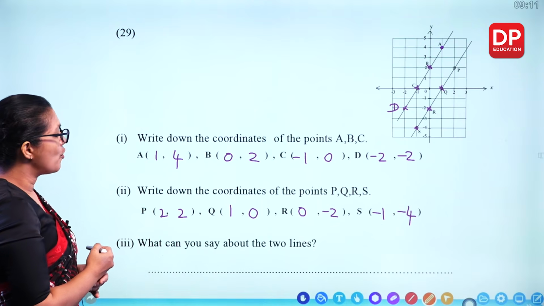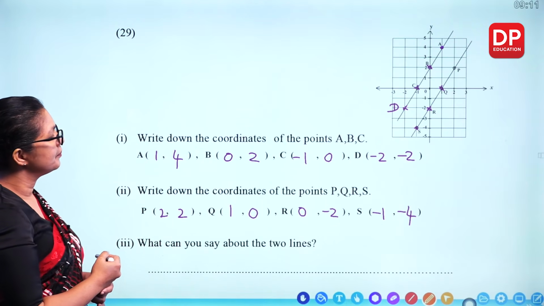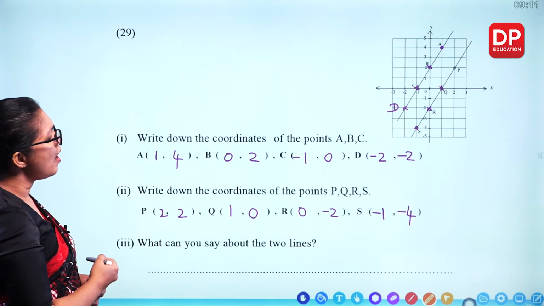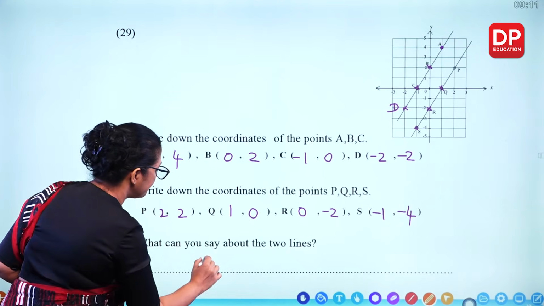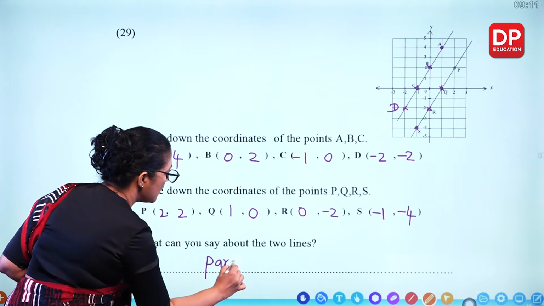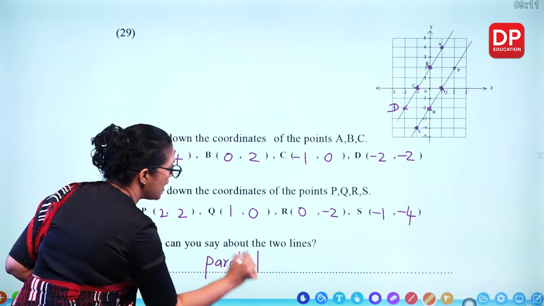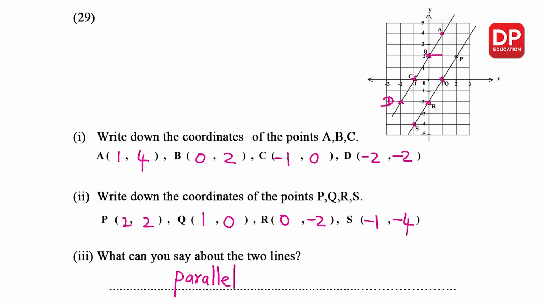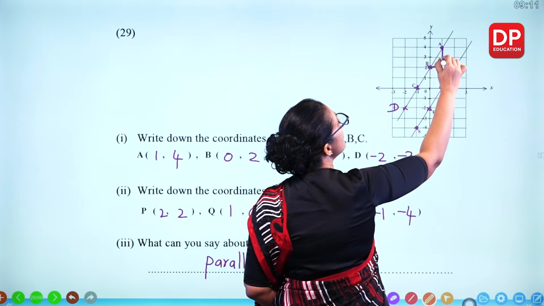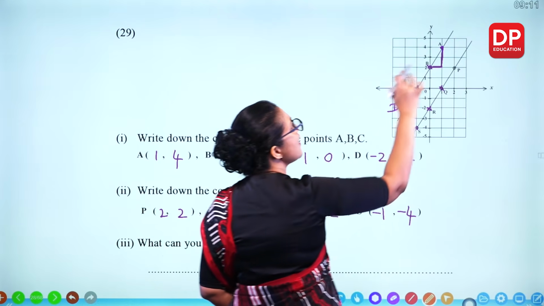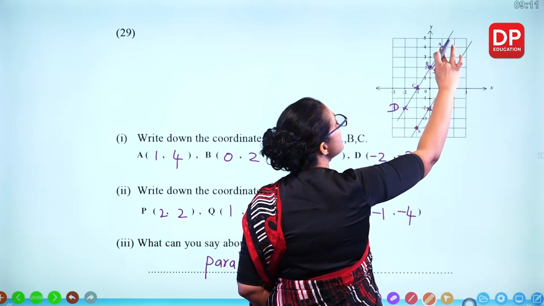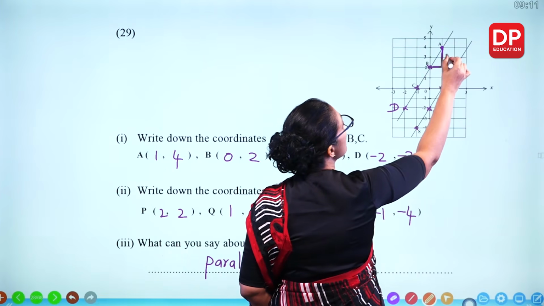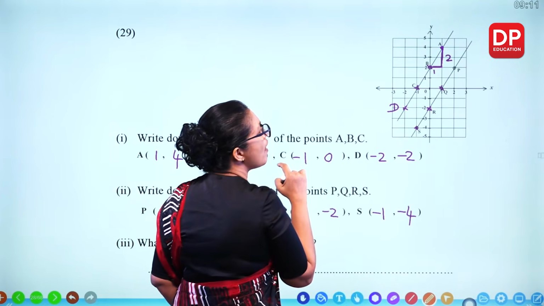What can you say about the two lines? These two are parallel. We'll check the gradients. Here, how can we find out the gradient from a graph? You take any 2 points and make a triangle and see what's the y difference and the x difference. Here, 2 squares here, 2 over 1.